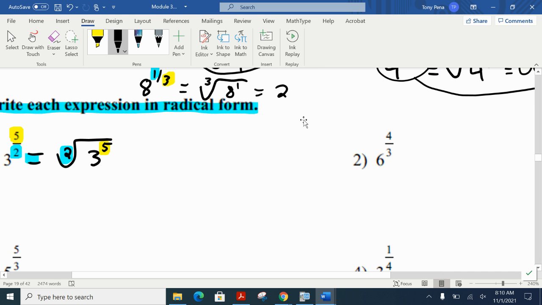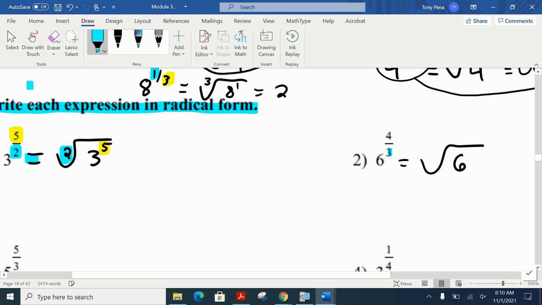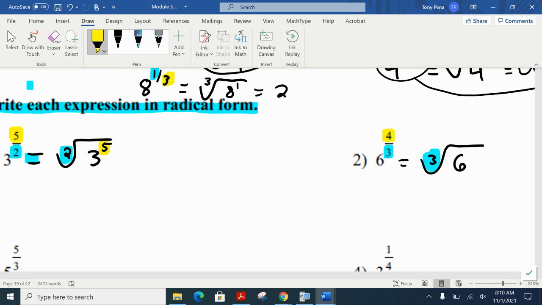All right, so 6, same thing. Once we see a fractional power, you're going to do your radical. We know there's a 6 underneath there. The denominator of this fraction, which is a 3, that is the nth root that you're going to put right into there. So in this case, it is a cubed root. And then the numerator of the fraction, which in this case is a 4, that is the exponent of your 6.